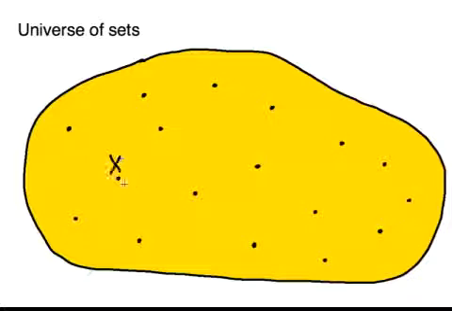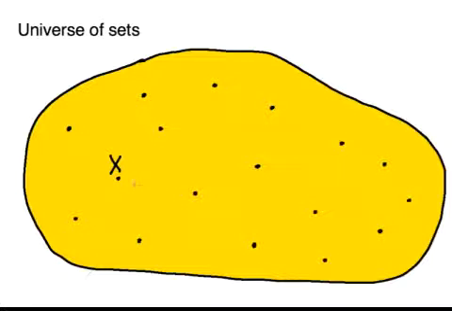Let's call it X. So this is a set X. Now every set of the universe has contents, like ordinary sets in real life. But unlike real life, the contents of a set in a universe of sets are other sets. So it cannot be any other object except those that have already been decided to be part of the universe.